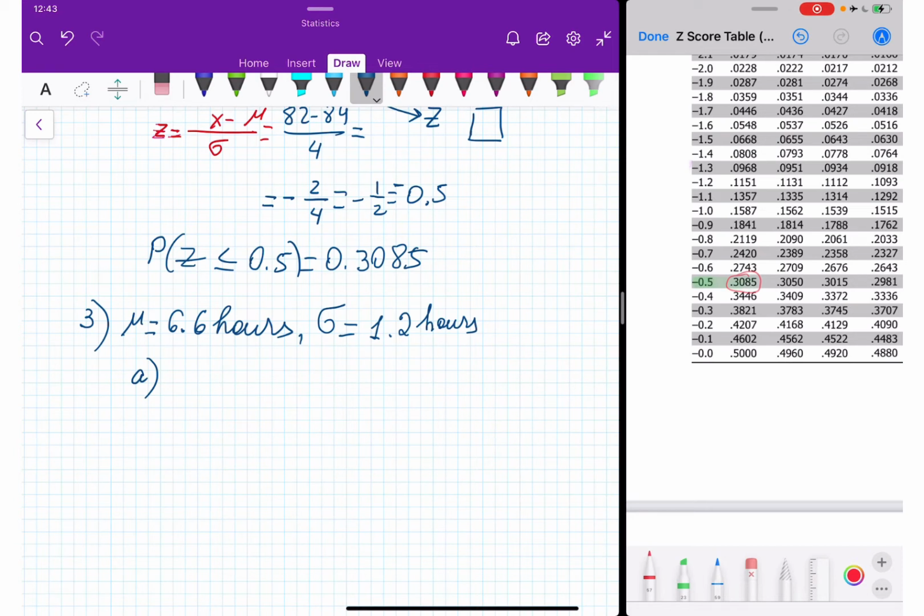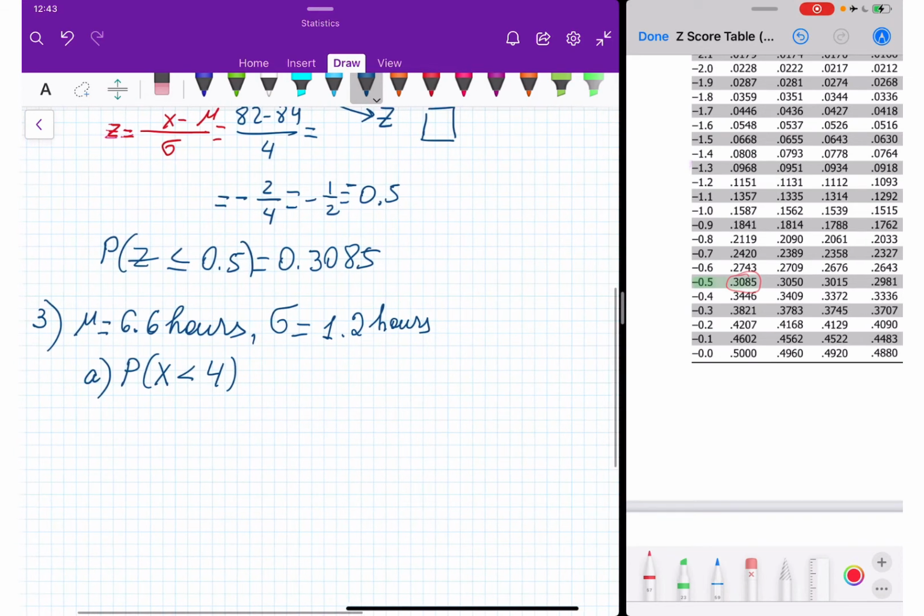A. Find the probability that a student uses a lab computer less than 4 hours per week. X is less than 4 hours. Why don't we use z-score? Because it doesn't say z-score. It says find the probability that the student uses. So X is our student, right? That's what it's asking: that a student uses the lab for less than 4 hours a week.